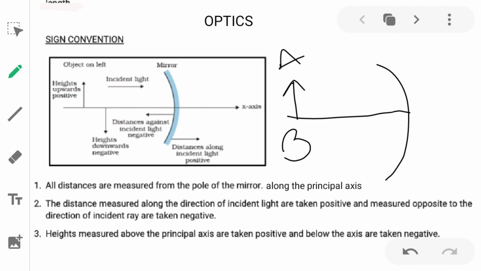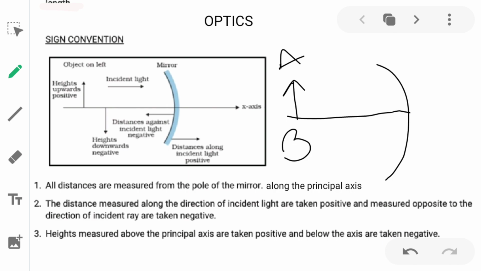Now these all points are given by the sign convention, the 3 points of sign convention. According to the first point of sign convention, all distances are measured from the pole of the mirror along the principal axis.